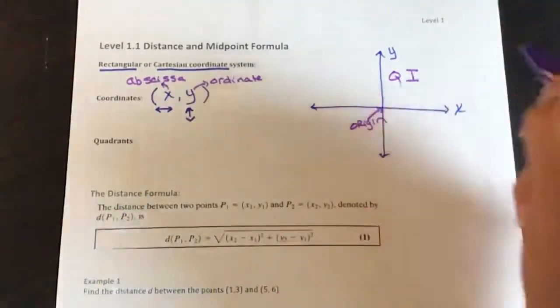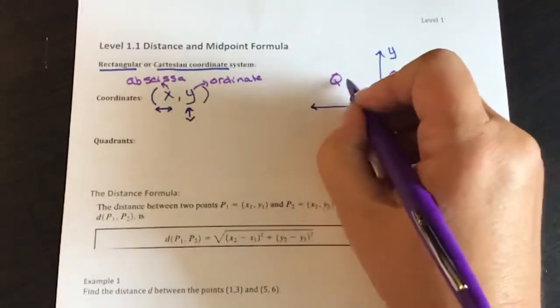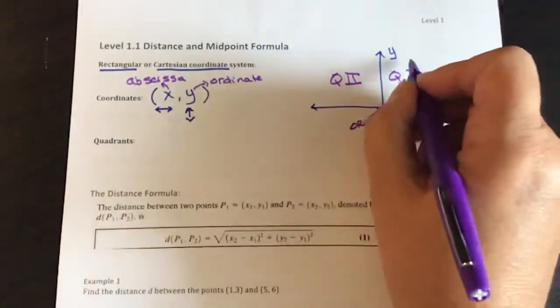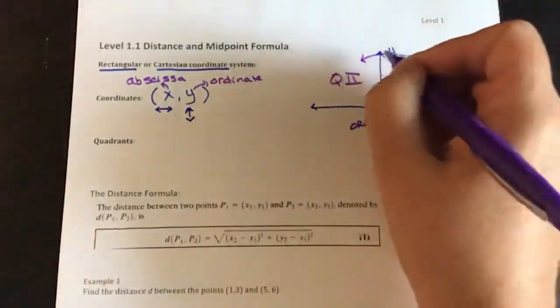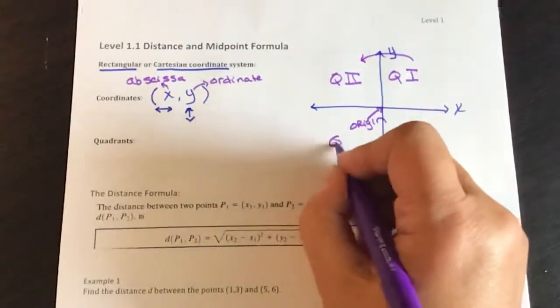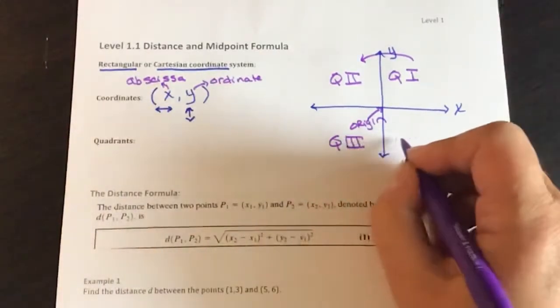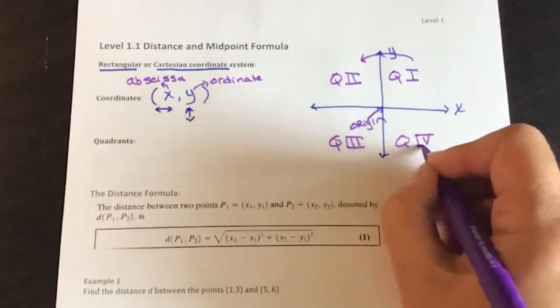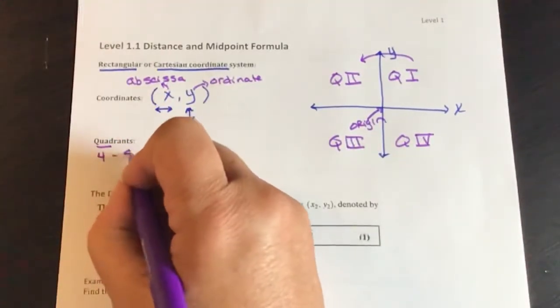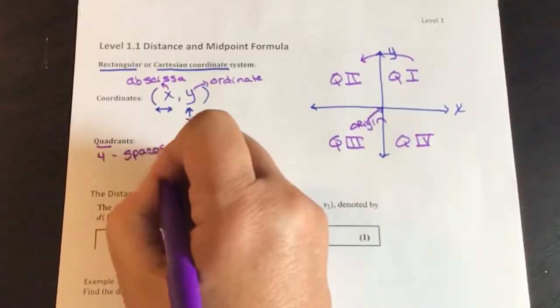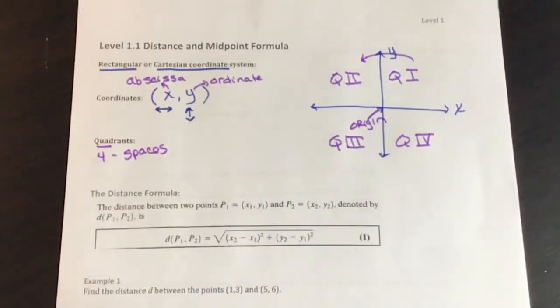So I would say this is quadrant 1, this is quadrant 2, and I'm going in a counterclockwise direction, in a circular direction, quadrant 3 and quadrant 4. Okay, quadrants are 4 spaces that are made by the x and y axis.